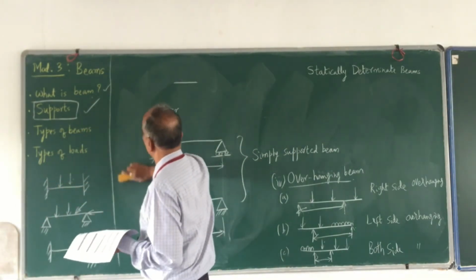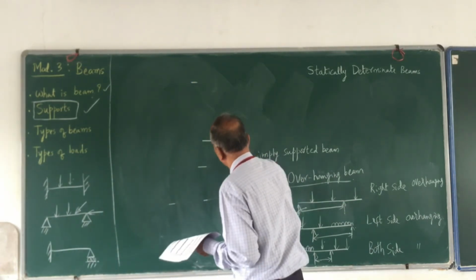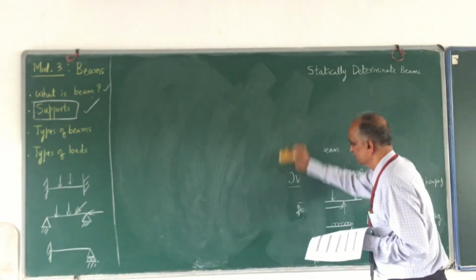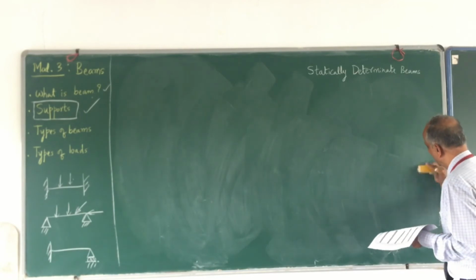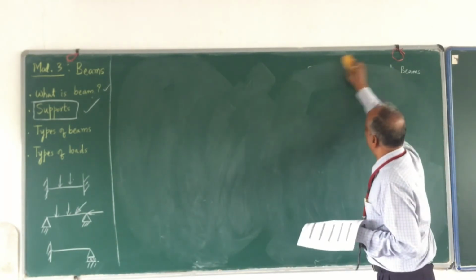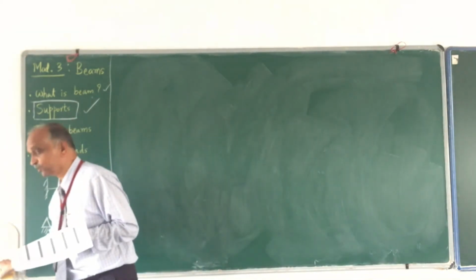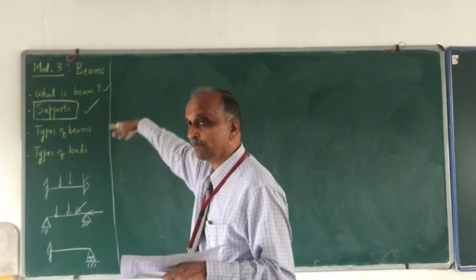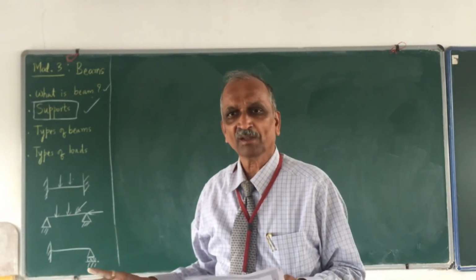In the next session itself I may take, or you have already done this in applied mechanics or elements of civil engineering. Determining the reactions offered by the various supports, we need to do it, and for understanding this topic or what we intend to do later on, it is a must.